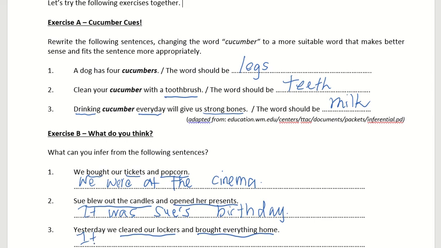It was the last day of school. Did you get that? So again, you make these inferences because you were aware of the contextual clues. Okay, shall we do Exercise C now?